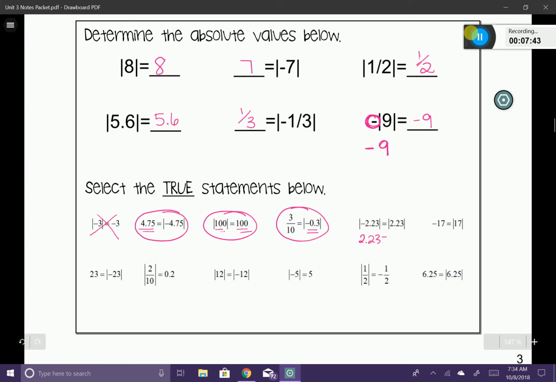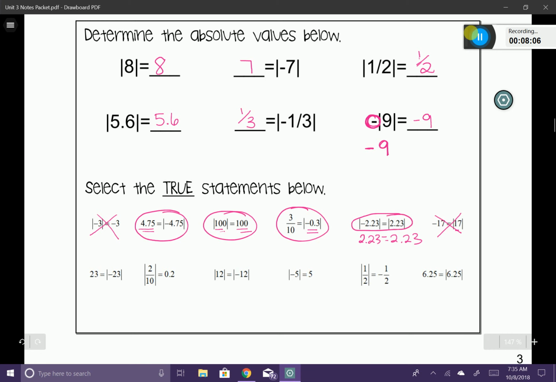And then I'm going to set that equal to the other side. The absolute value of 2.23 is actually 2.23. So this is a true statement, written very oddly. All right, the next one, you can see that this is not a true statement because the absolute value of 17 should not yield us a negative answer.